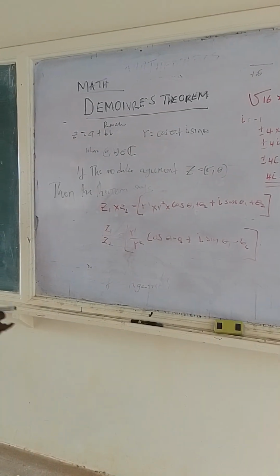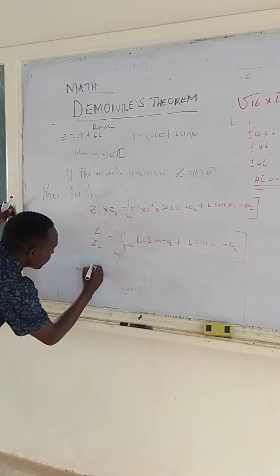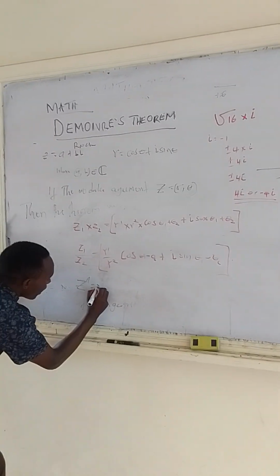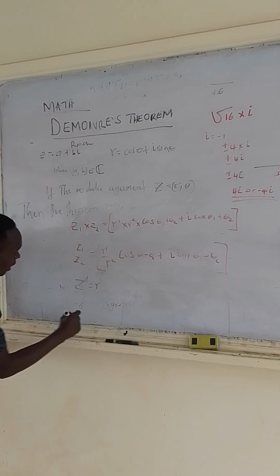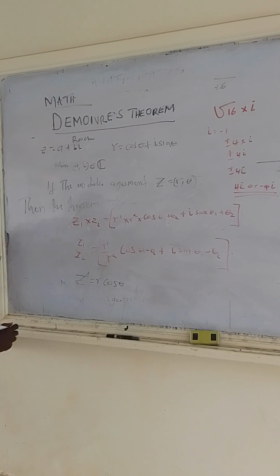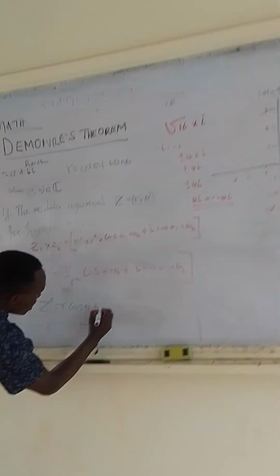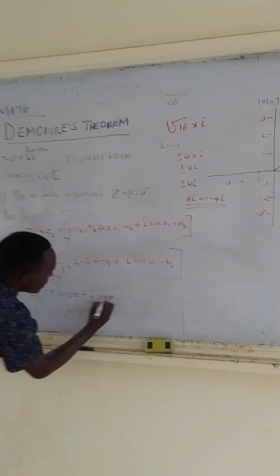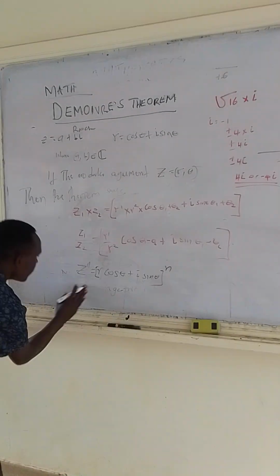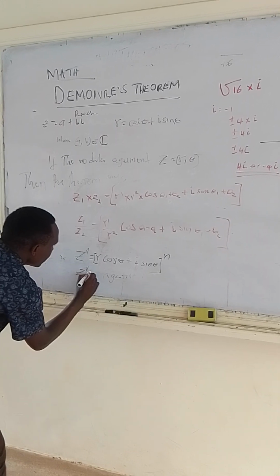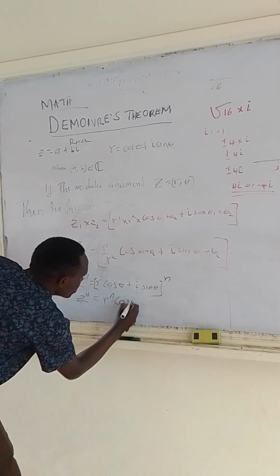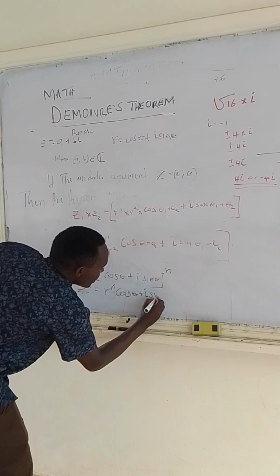Also, if I have z and I want to find z raised to the power of n, z equal to r times cos theta plus i sin theta, everything raised to the power of n, it is the same as z to the n equal to r to the n times cos n theta plus i sin n theta.